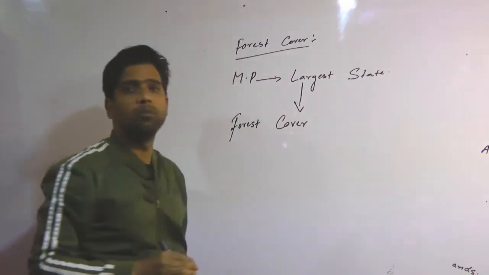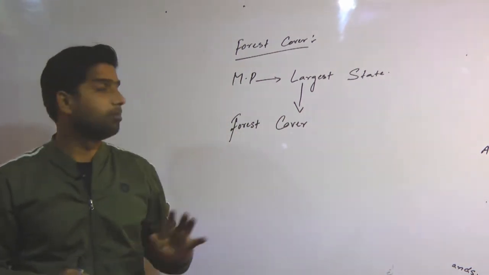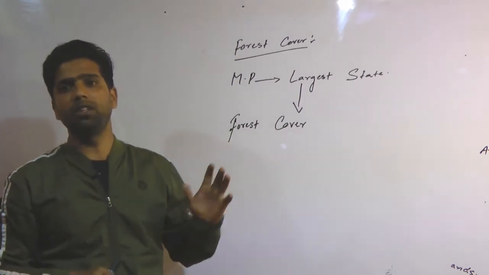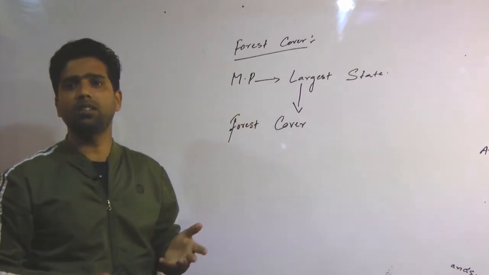We can say Madhya Pradesh has the largest number of forests. Madhya Pradesh occupies the largest number of forests all over India. So this very state has the largest forest area.